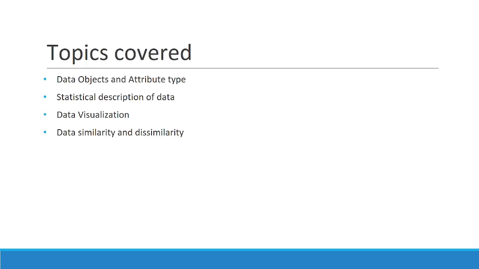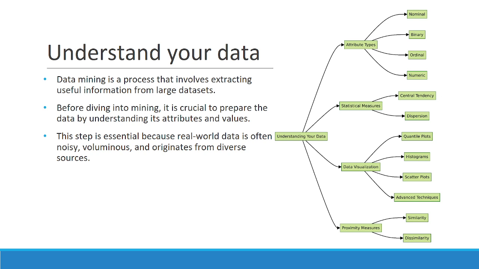Okay, in this unit we are going to cover these topics: data objects and attribute types, then statistical description of data, then data visualization, data similarity and dissimilarity. This is the entire diagram that we are going to cover in this unit, like how to understand your data.